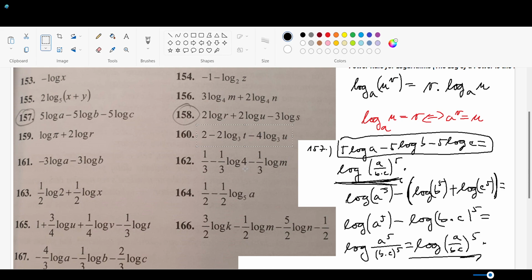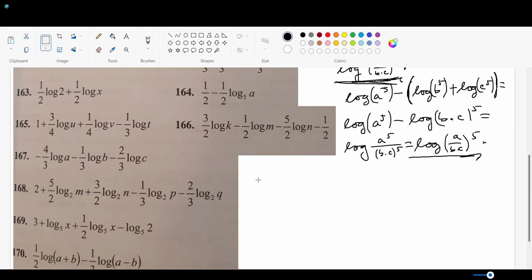Okay, so let me show you exercise 160, which is this expression, and we want to rewrite it as a single logarithm. So basically this is equal to, and now the most tricky question is how to rewrite this one. What do you think? How can we do this? And the answer is very easy.